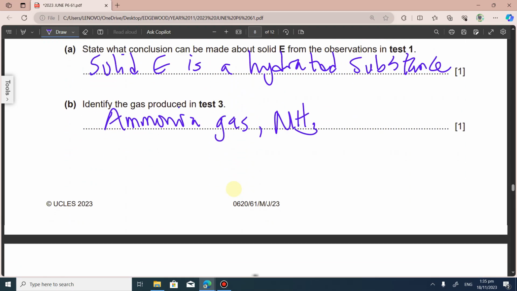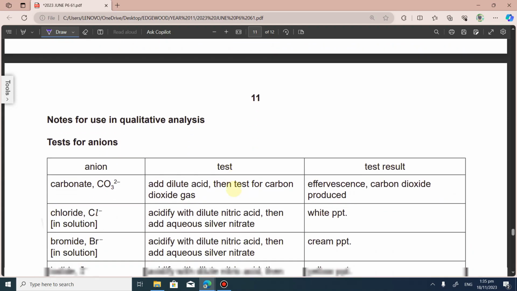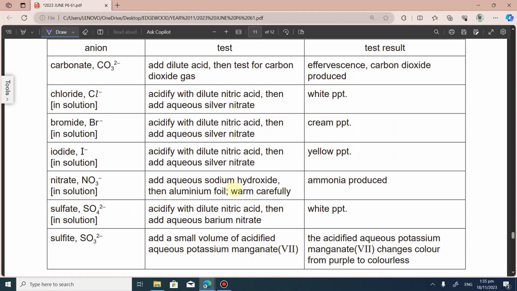So let's consult the information again. Dilute nitric acid and aqueous silver nitrate was added to test for chloride and a white precipitate was observed. For the test for bromide, dilute nitric acid as well is used and aqueous silver nitrate, and then a cream precipitate is observed.